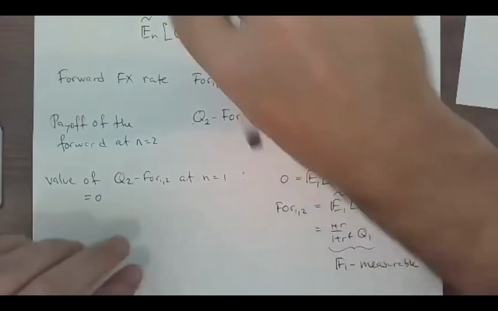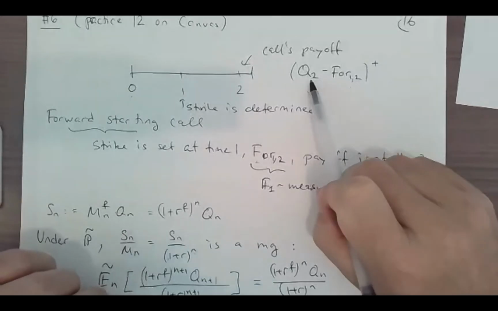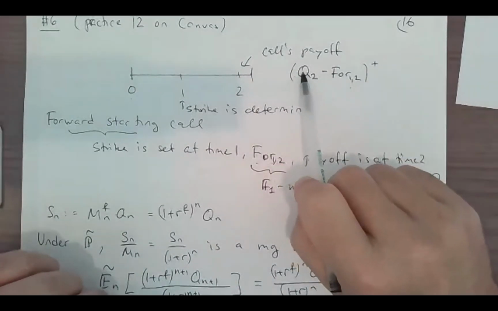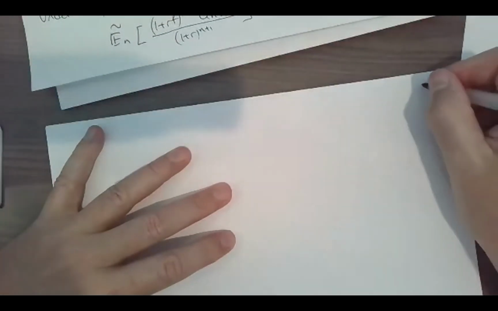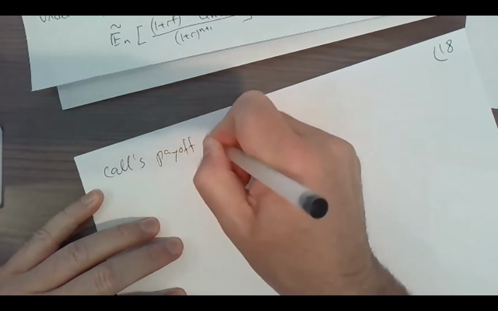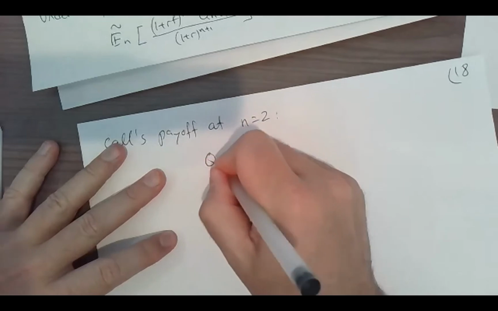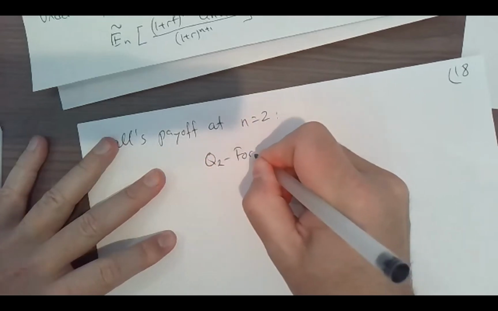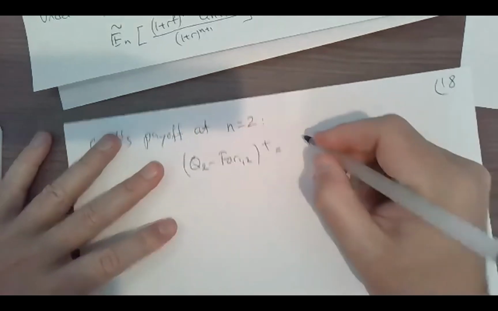So then we know at least what to put in here, right? And then we move forward, try to figure out, okay, so what is the call's payoff? Well, now we can plug in what we just figured out. So the call's payoff at time 2, this was Q2 minus this forward exchange rate, positive part, and then we can plug in what this is.